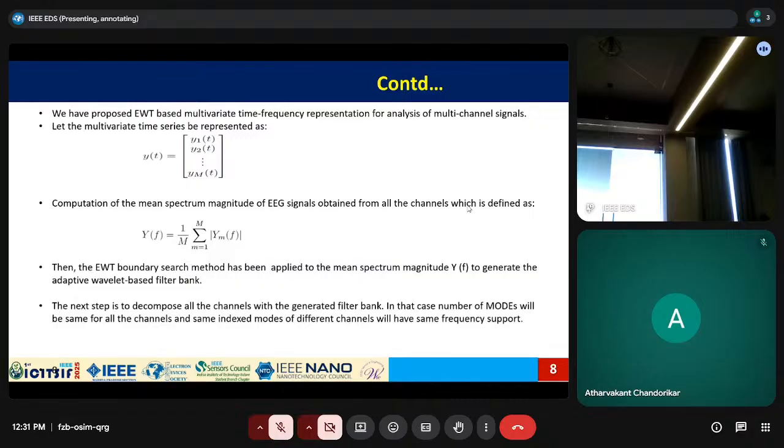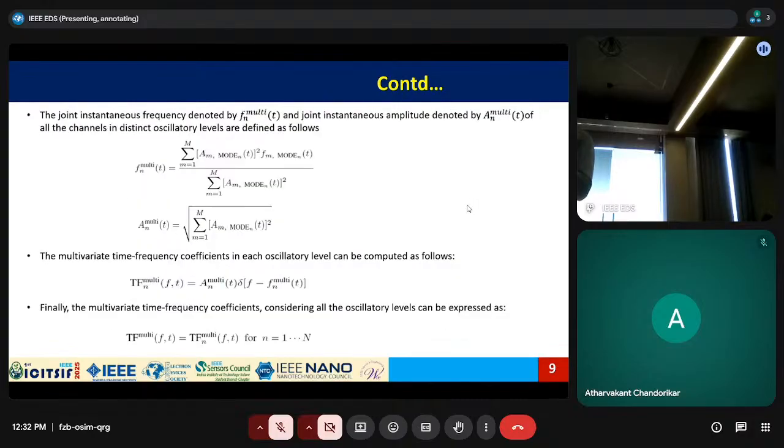Then we have suggested applying the Hilbert transform to each IMF, so that amplitude and instantaneous frequency are computed. This mathematical framework we have proposed computes the multivariate time frequency representation, which takes care of all frequencies present in each channel and across all channels. So this is a more general form of the time frequency representation.